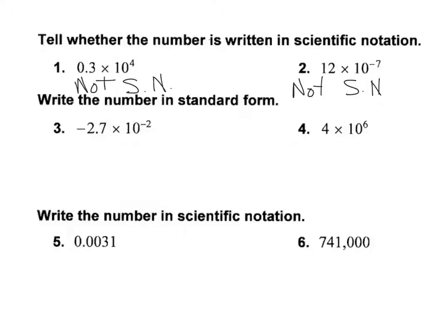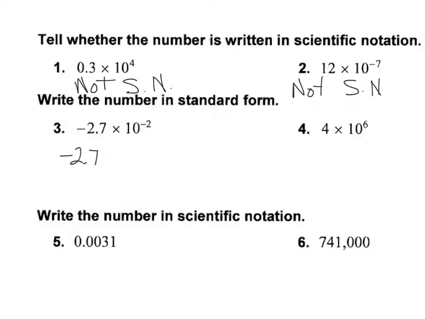Now let's look at number 3. Write the number in standard form. To write this number in standard form, I first start by rewriting it, or just copying it again, as 2.7. Now I'm going to look at the decimal. Because the exponent is negative, I'm going to make this number smaller. To make this number smaller, I would have to move it to the left.